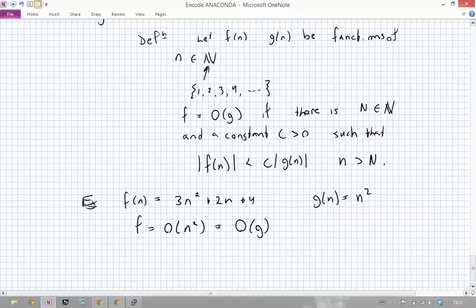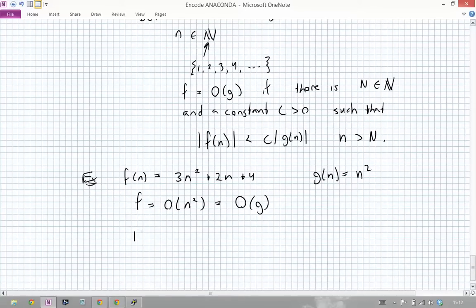But let's see if we can prove that. So we write 3n squared plus 2n plus 4, and we take its absolute value because we're interested in the absolute value of f. And we use a well-known inequality, the triangle inequality, although in this case everything in sight is positive, so it doesn't really matter. But I just want to get some of these tools out there in front of you.